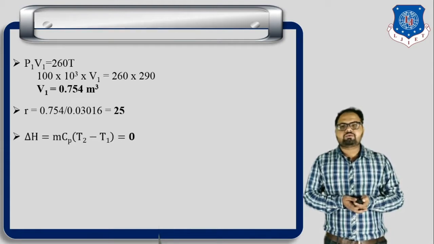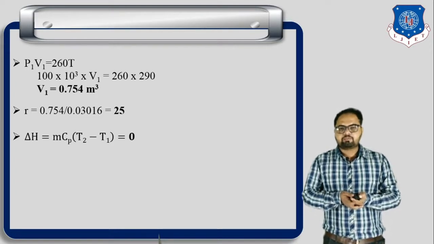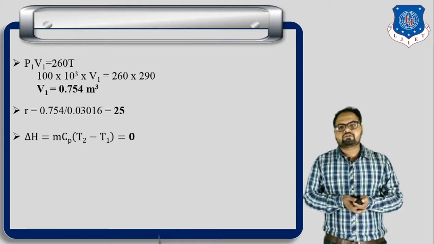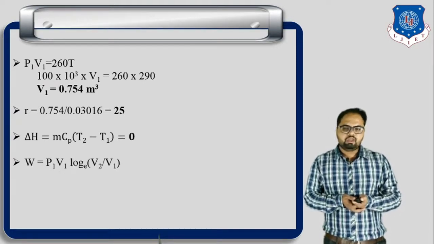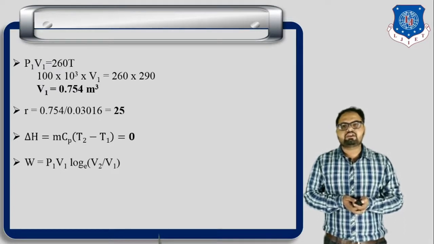Next we need to find out the change in enthalpy. We already know that delta H is equal to m Cp (T2 minus T1), and for an isothermal process temperature T1 is equal to T2, so delta H is equal to 0. Next, the work done during the process is P1 V1 log V2 by V1 base e.